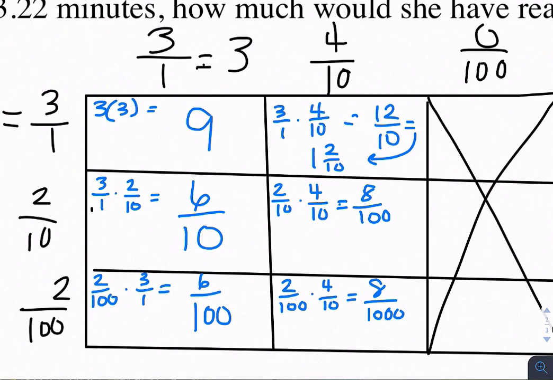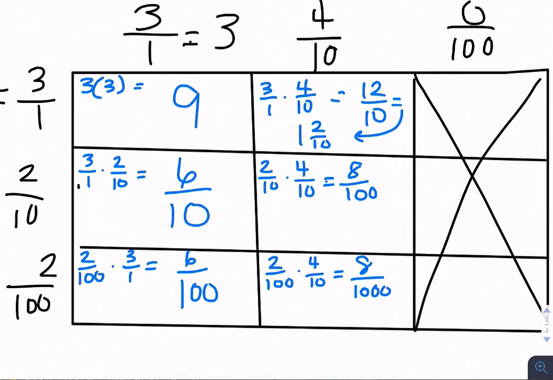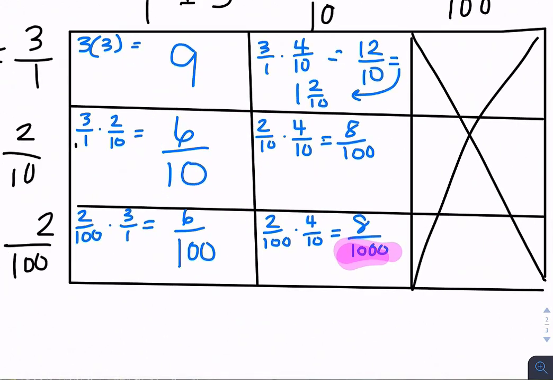Okay, so this box right here always holds my common denominator. So my common denominator is 1000. What I'm really doing here is adding together my 9, my 6 tenths, my 6 hundredths, 1 2/10, 8 hundredths, and 8 thousandths. I need to add all of those together.